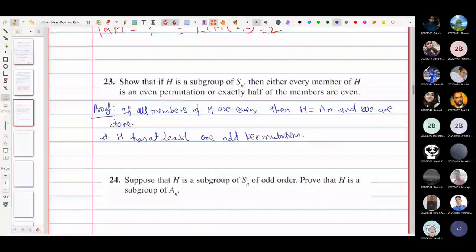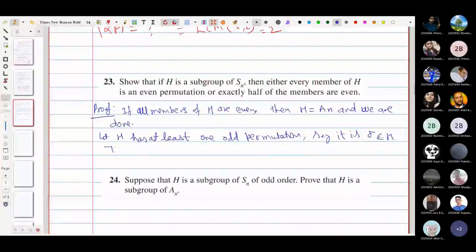I mean to say that there is at least one. There may be many, but we are considering there is at least one permutation in H which is odd, and say it is sigma. That is, sigma is an odd permutation and belongs to H.